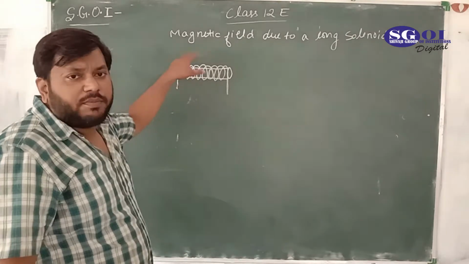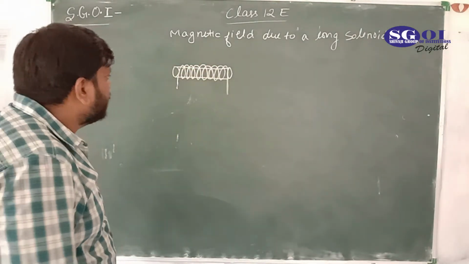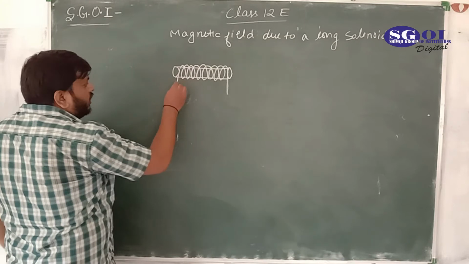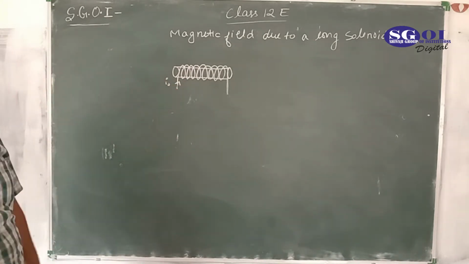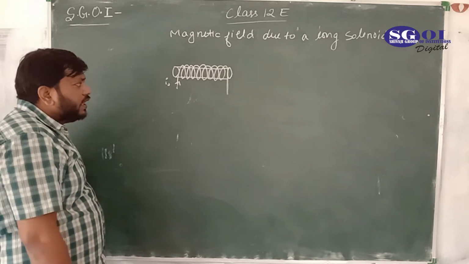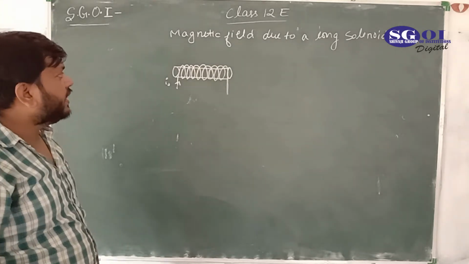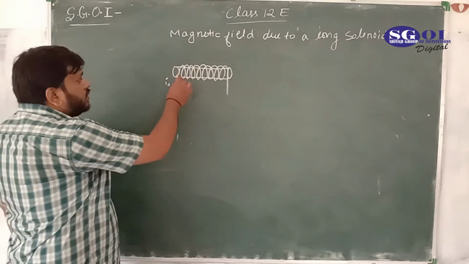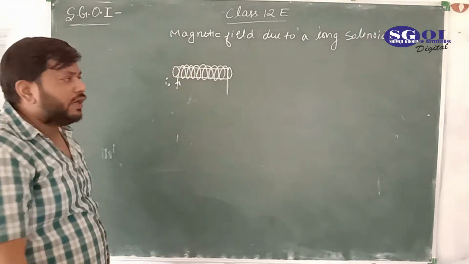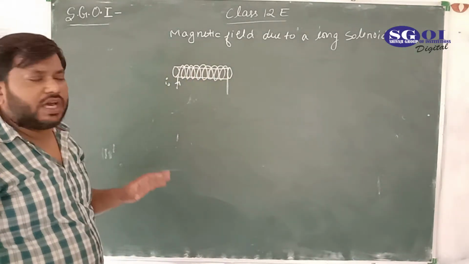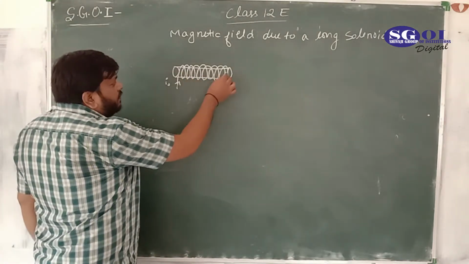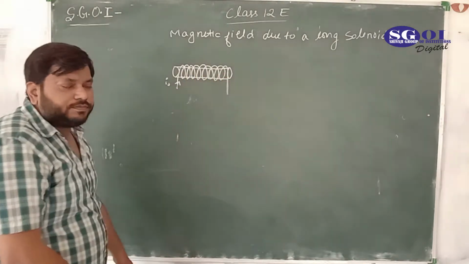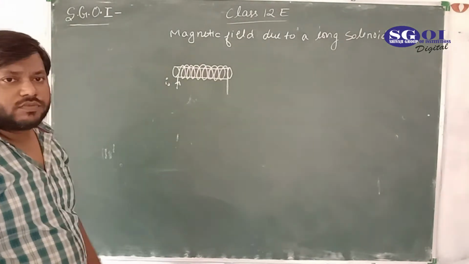These are the number of turns of the wire, and current is flowing. Suppose I0 current is flowing, and we would like to find the magnetic field due to this current carrying long solenoid. Here the number of turns is very large, and we would like to find the magnetic field inside this solenoid.